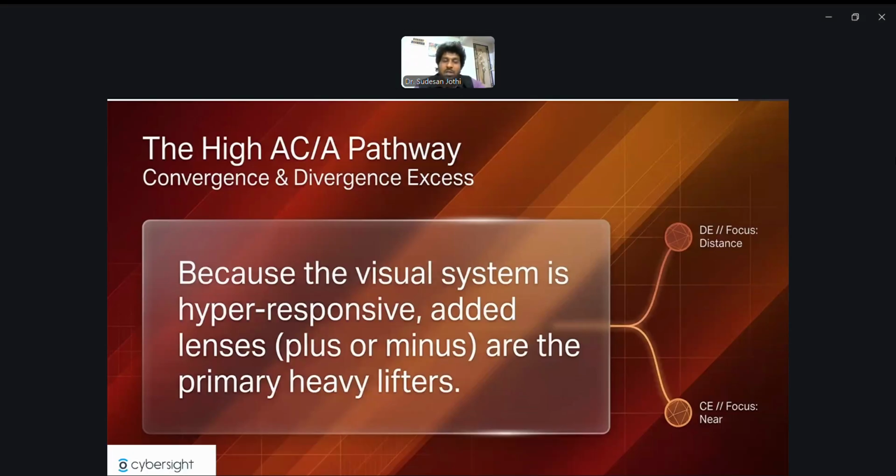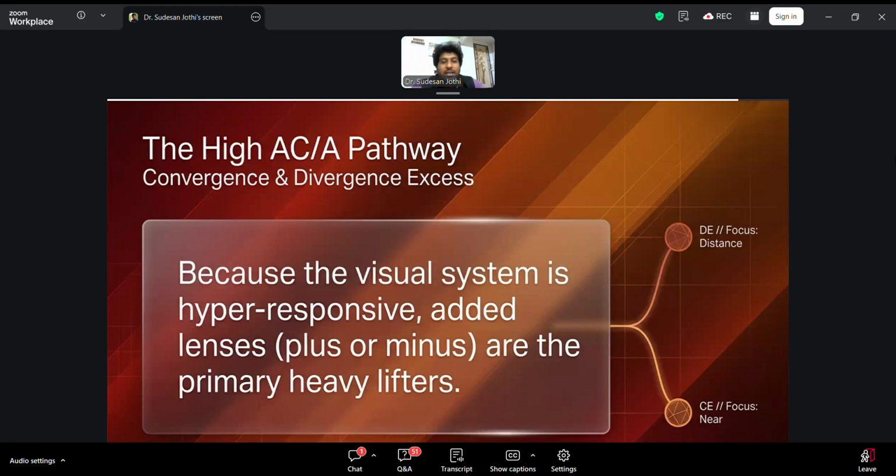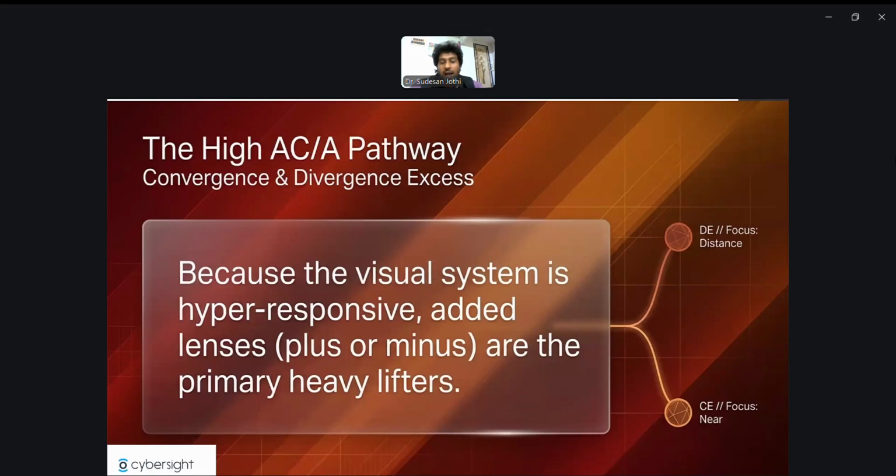If the problem is convergence excess, we use plus lenses to reduce excessive near convergence. If it is divergence excess, we target minus lenses, which can stimulate accommodative convergence and improve the distance alignment.